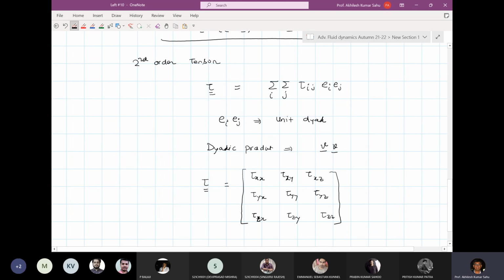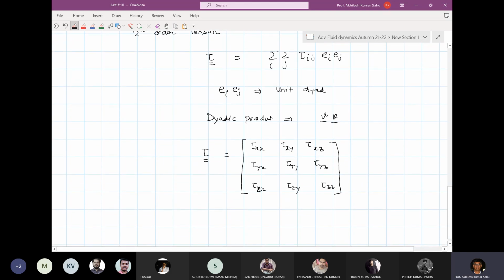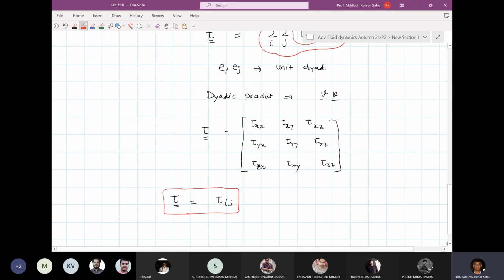Okay, so this index notation, tau is tau ij, right? While writing the index notation, we can drop the summation sign as well as the unit dyad. So it can be written simply as tau equal to tau ij. That is index notation for a second order tensor.